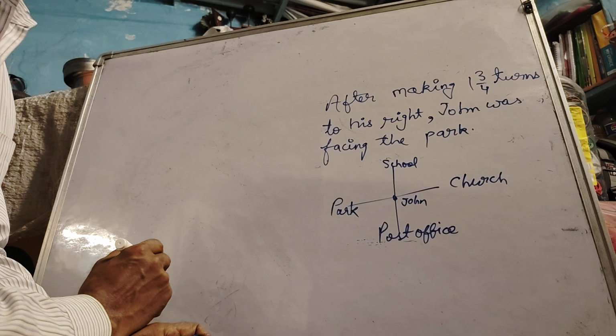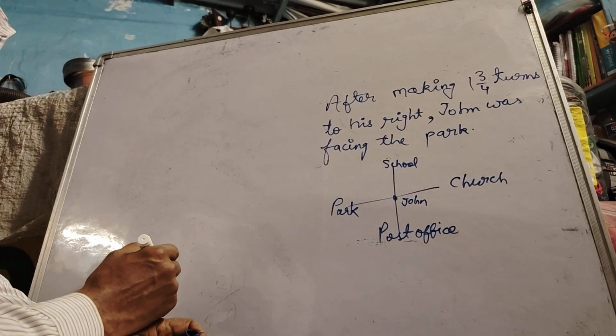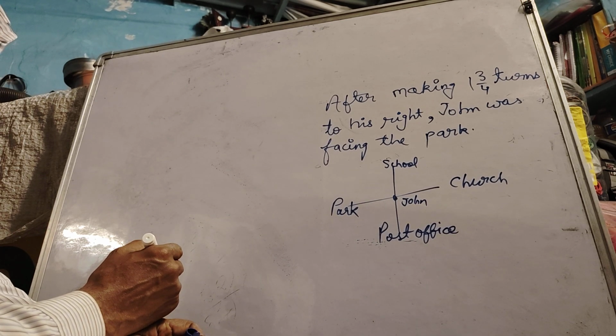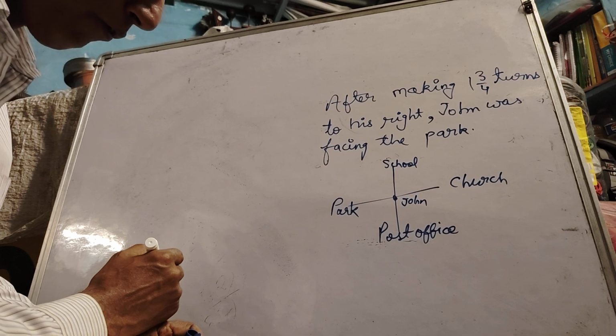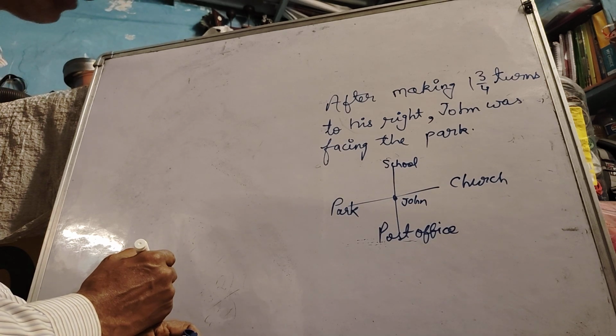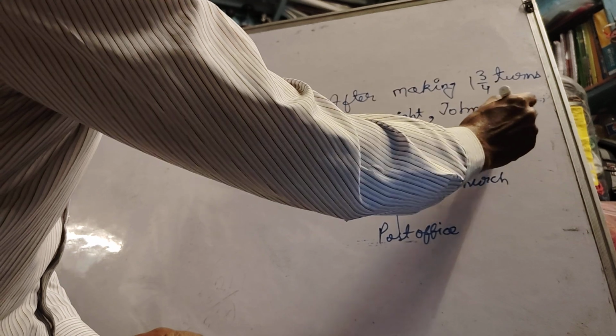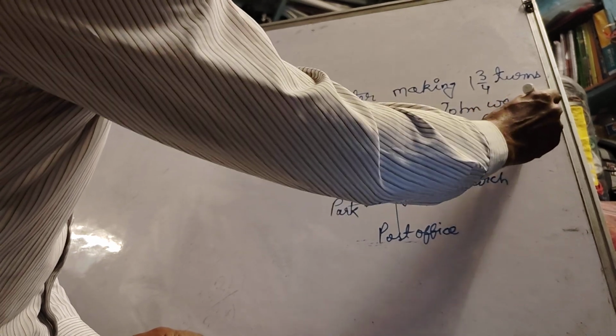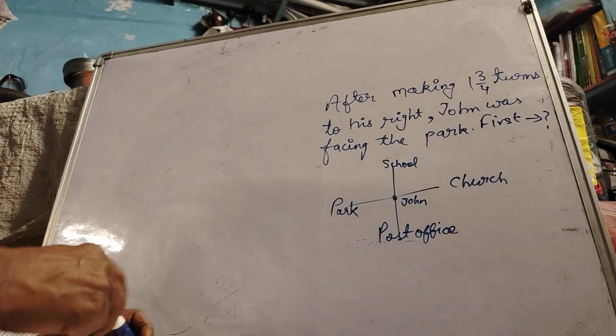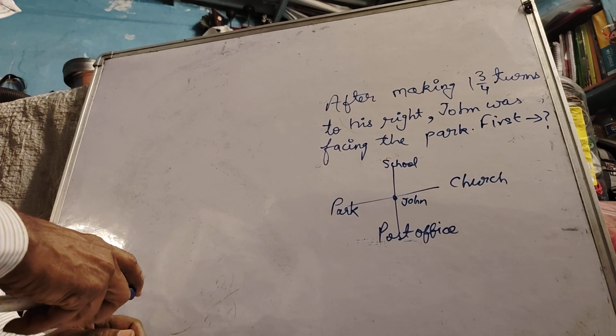So after making 1 complete 3 by 4 turns to his right, John was facing the park. What was John facing at first? So where was John facing first?